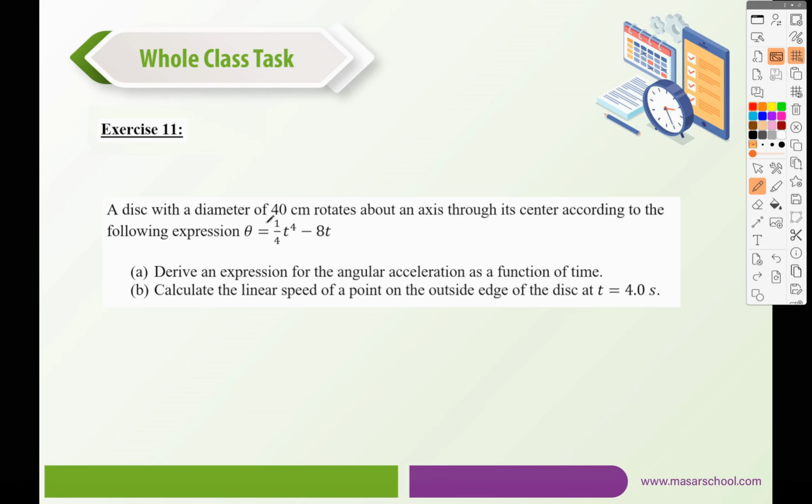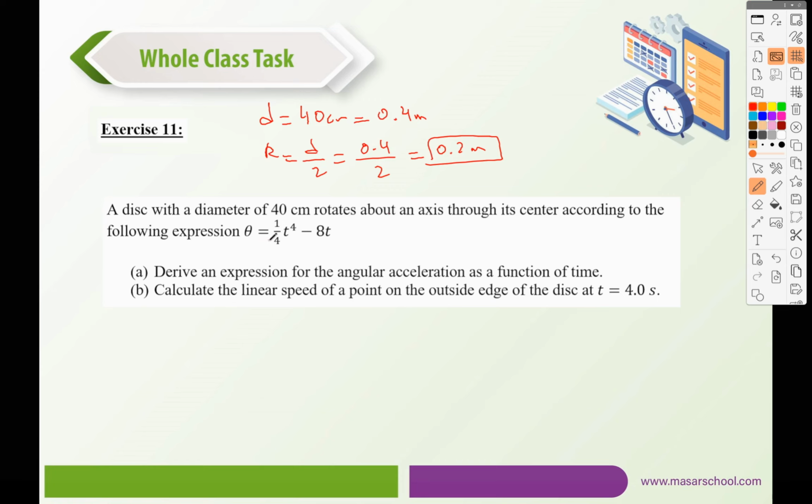A disk with a diameter of 40 centimeters, D is 40 centimeters, which is 0.4 meters. Then the radius in this case is given by D divided by 2, which is 0.4 over 2, which is 0.2 meters. So remember a trick in the AP exam that they always play with the distances. We might use it and we might not. Let's check. In part A, derive an expression for the angular acceleration.